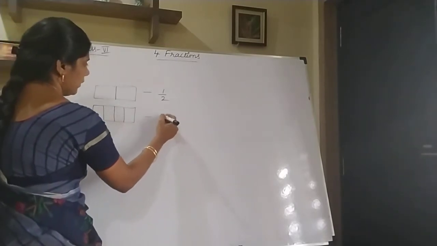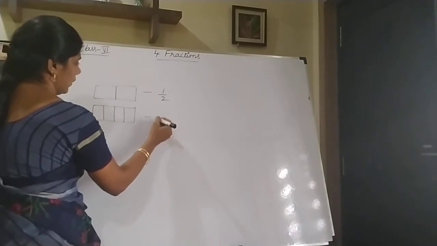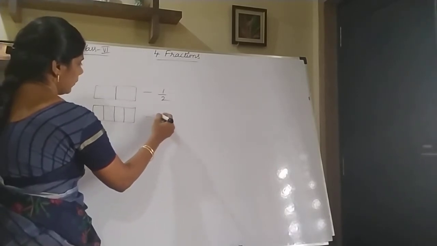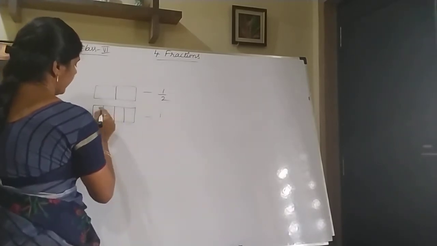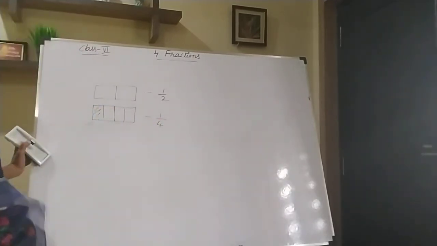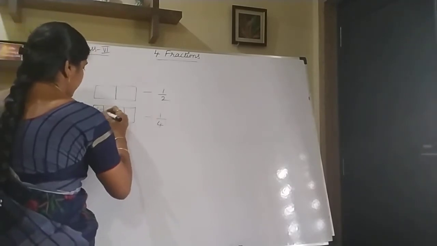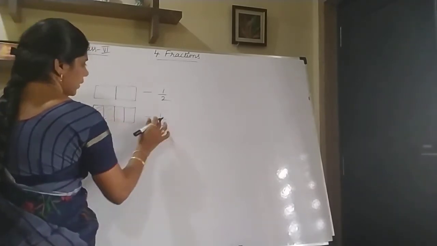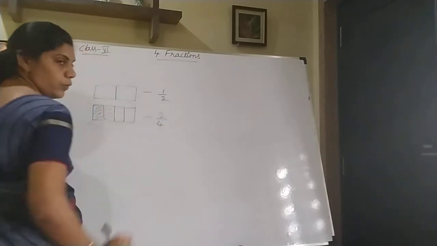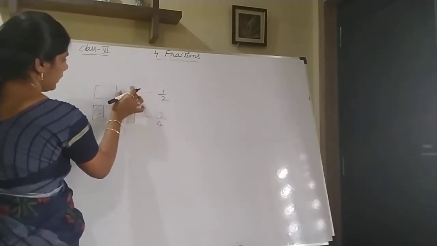How many parts here? 4 parts. That time also, specifically talking about this one, 1 by 4. So if you shade these two parts, that time, see, 2 by 4.